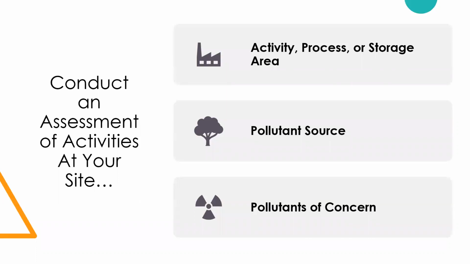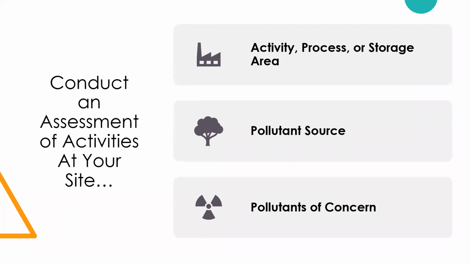So for conducting an assessment at your site, it's important to check for the activity, process, and storage area. So all of these, you want to see if there are any pollutant sources that are related to this. So if you have a sediment storage pile on site, is that first rainfall going to be entrained in the stormwater and go off site, or do you have it covered?